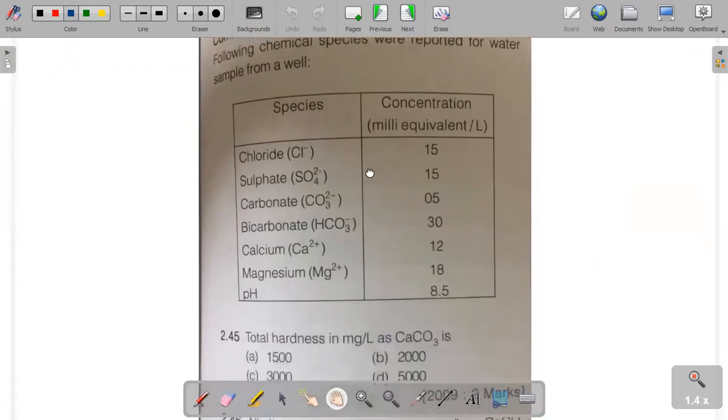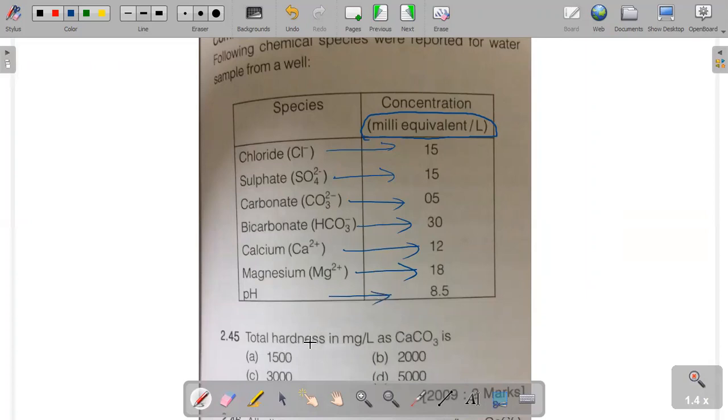The concentrations are given in milliequivalent per liter: for chloride we have 15, for sulfate 15, for carbonate 5, for bicarbonate 30, for calcium 12, for magnesium 18, and the pH is 8.5.